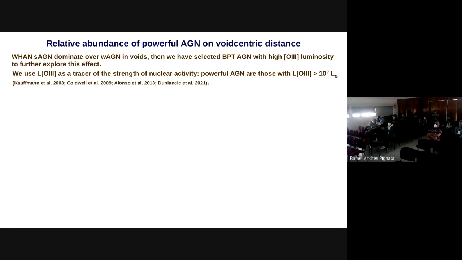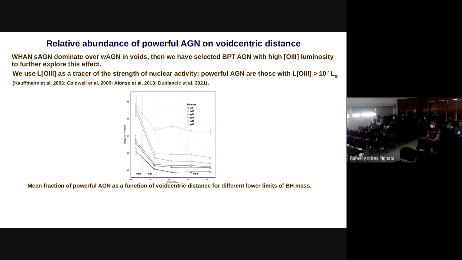We also analyze the powerful AGN. With WISE galaxies, we have strong AGN, and to obtain something similar with BPT, we use this definition.